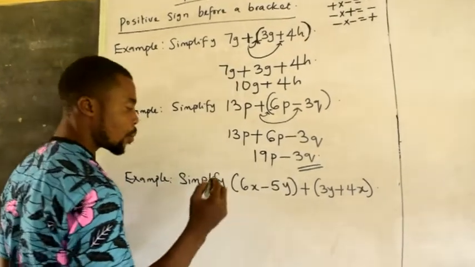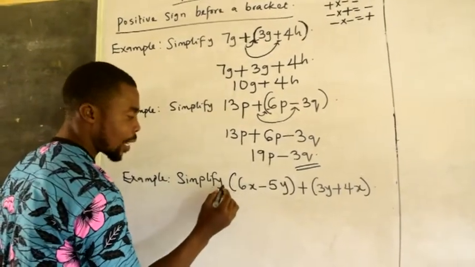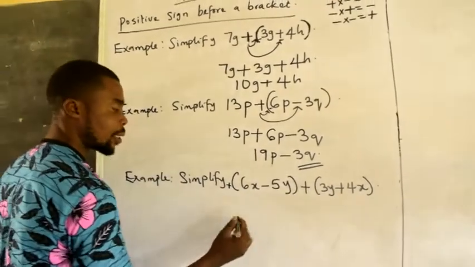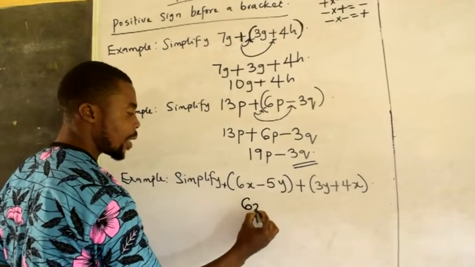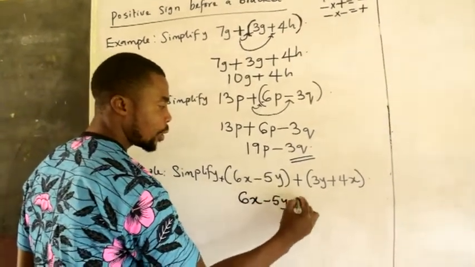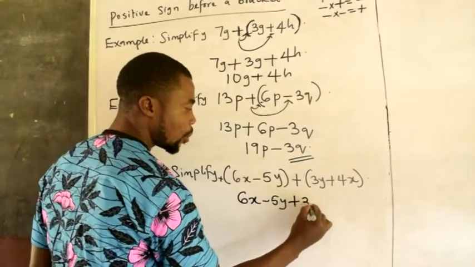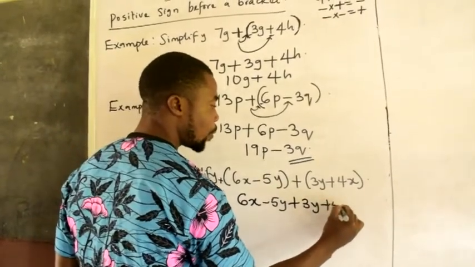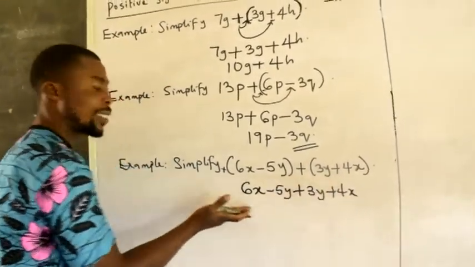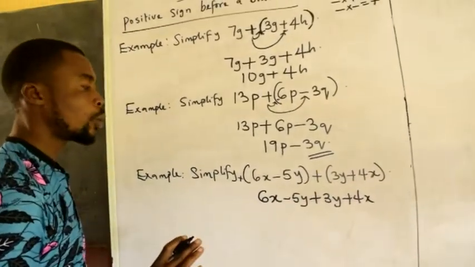So you can write it that same way. So it is still correct. So which means that addition is here. I can write it out like this. It's the same thing. 6x minus 5y. Addition is there. 3y plus 4x. I just write it out like that, which is also correct.